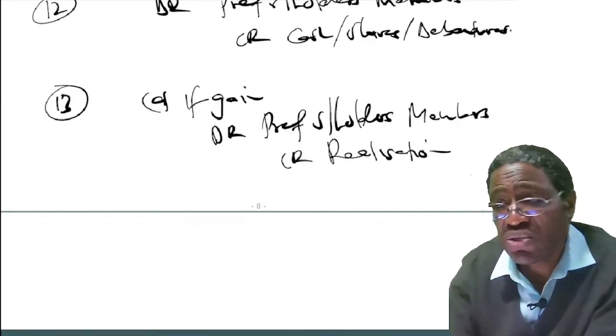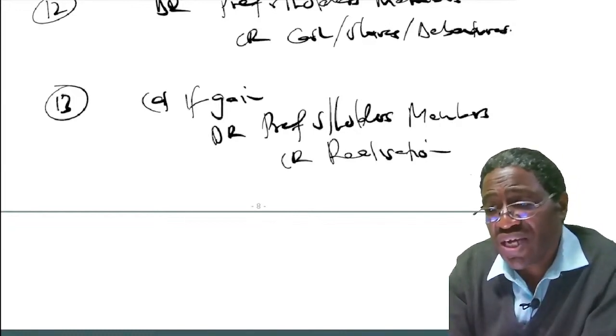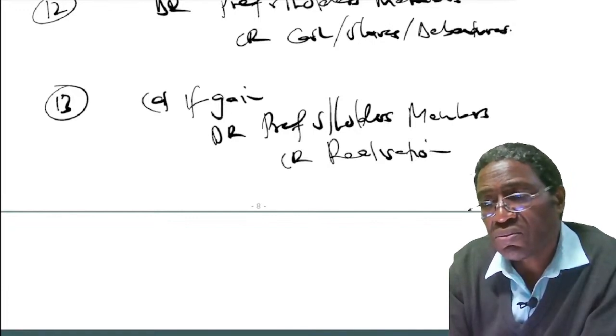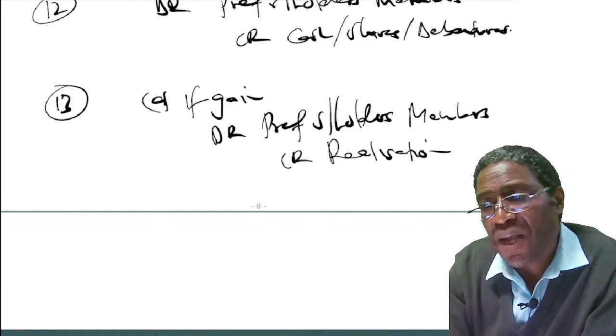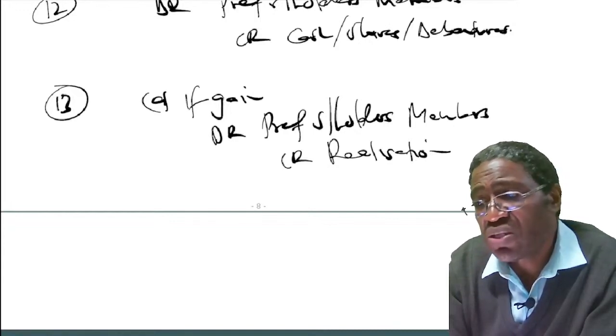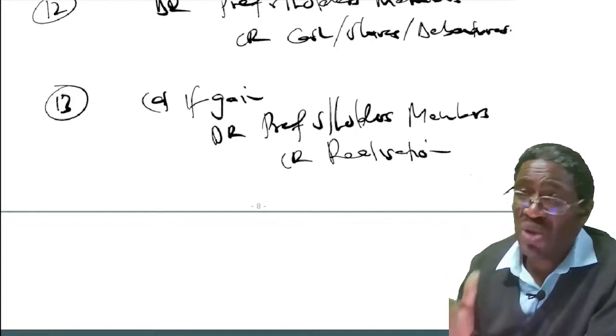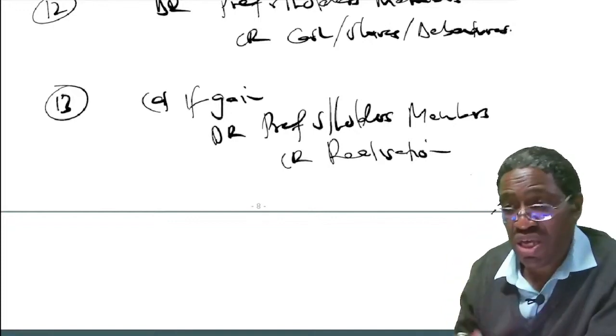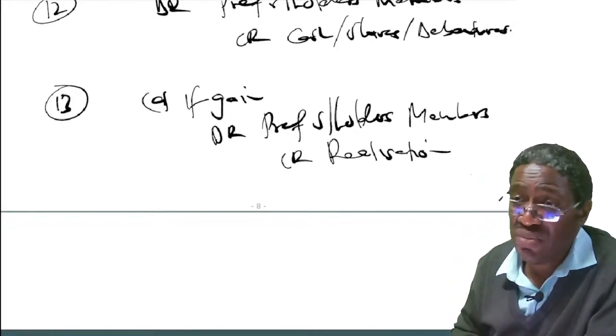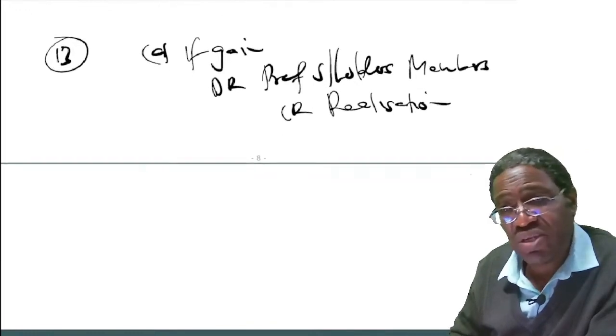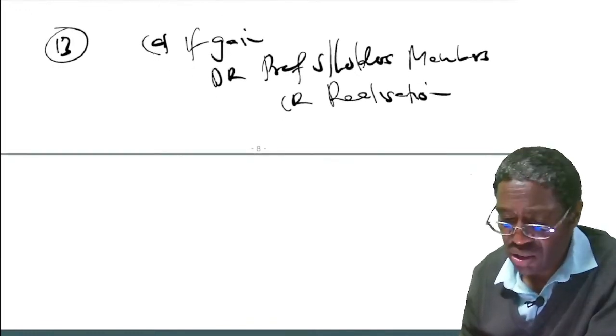That is if gain. Remember, you are paying them less, so you are making a gain. So there will be a balance on the debit side of that account. So you debit that account, called members account, you credit realization.